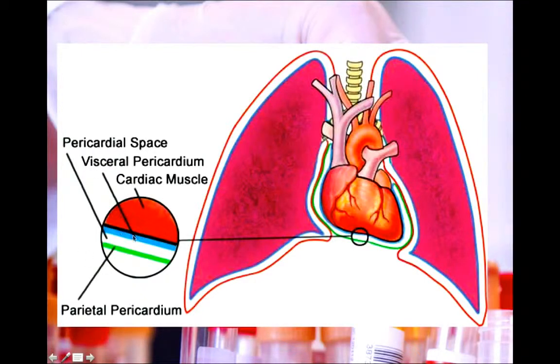The visceral pericardium, as the name states, is the layer of the pericardium in the most intimate contact with the heart. The word visceral means organ. Every time you're going to hear visceral in the body, you think about organ. So it's the layer of the pericardium in direct contact with the organ itself.